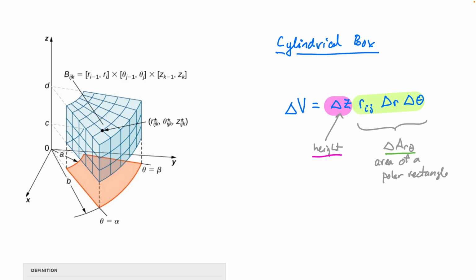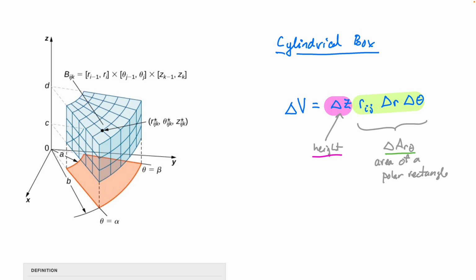If we see the box has 3 dimensions, a projection of the box into the xy plane or the polar plane produces a polar rectangle. That we have hard bounds on r and we have hard bounds on theta.